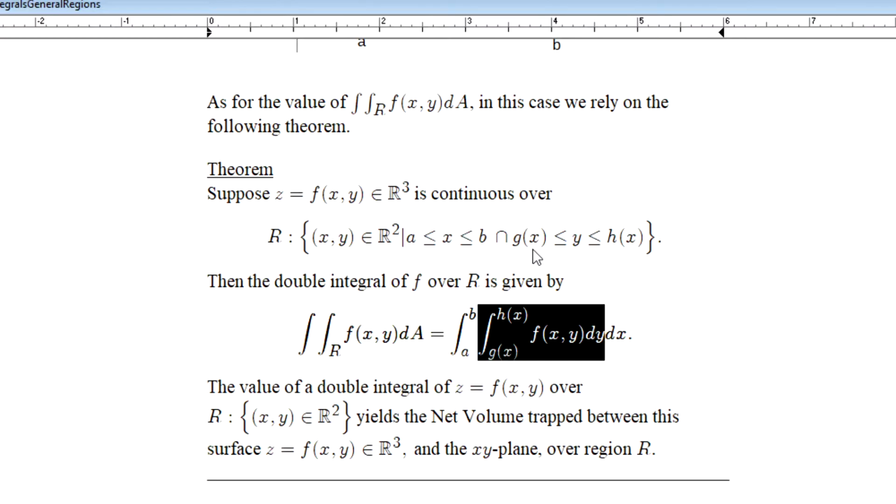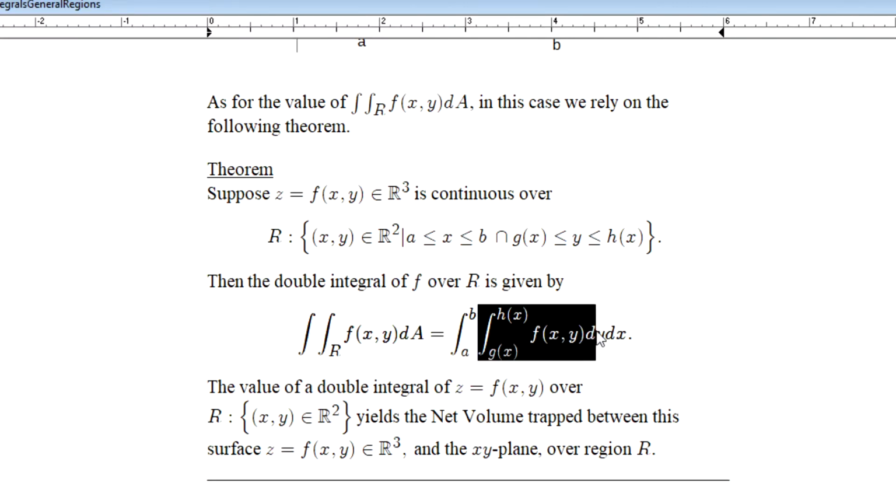That is going to occur across the bounds from g of x to h of x. And once we evaluate that integral operation, we then come back and evaluate the integral with respect to x over the bounds from a to b.